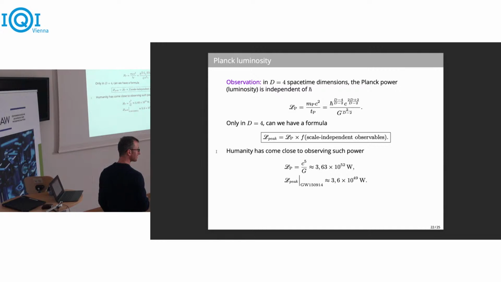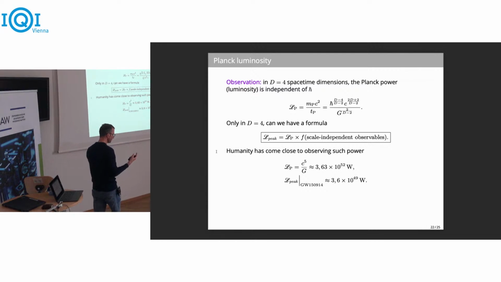And that means that the Planck power can appear in classical general relativity. It is allowed to appear. And in fact, if we take the inspiral of 2 black holes and ask what is the peak radiated power, since the Planck power appears at the classical level, it can appear also in classical equations.